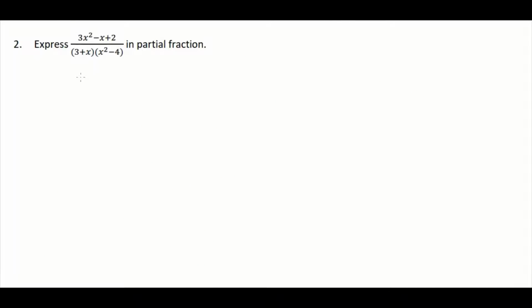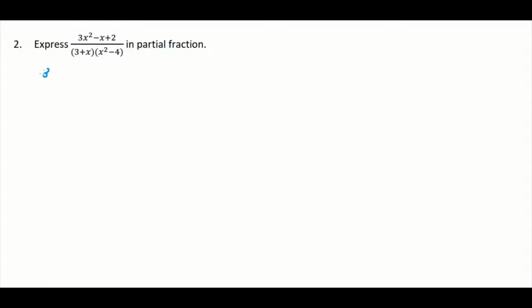The same thing here, but what you can realize is that instead of having a linear factor, you actually have a quadratic factor here. How can you do that? It's very easy. Normally, how do you change a quadratic equation into linear factors? You do your factorization, right?